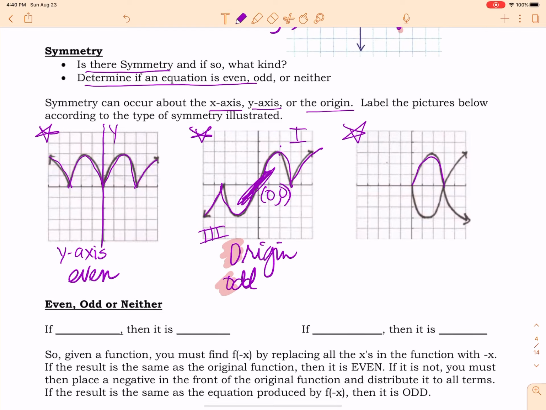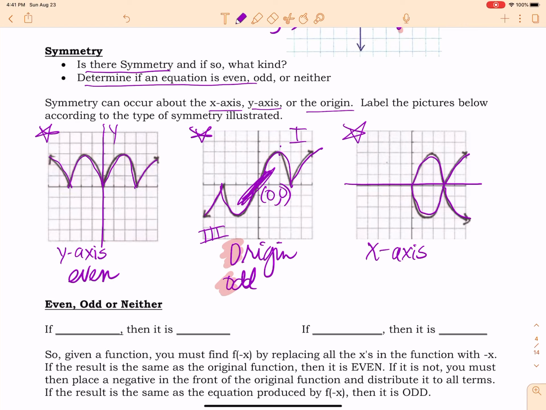You'll notice this piece of the graph reflects down here, and this piece reflects down here. This is known as x-axis symmetry. But when you have x-axis symmetry, the function is neither even nor odd. Did you hear what I said there? The function is neither even nor odd. That's because it's not a function.